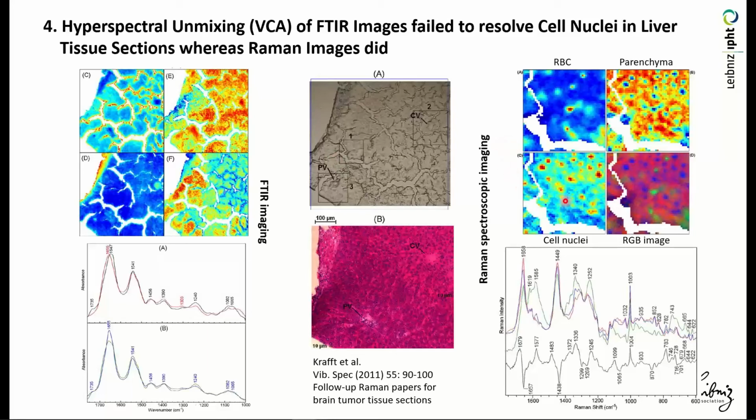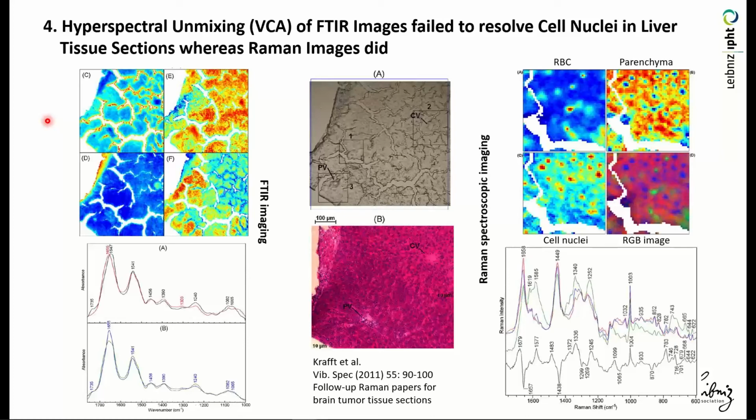And in the Raman image, we could resolve features with high intensity of nucleic acid bands, and these features correlated well with the cell nuclei. However, if you take a look at the infrared FTIR images, single cells or single cell nuclei couldn't be resolved.